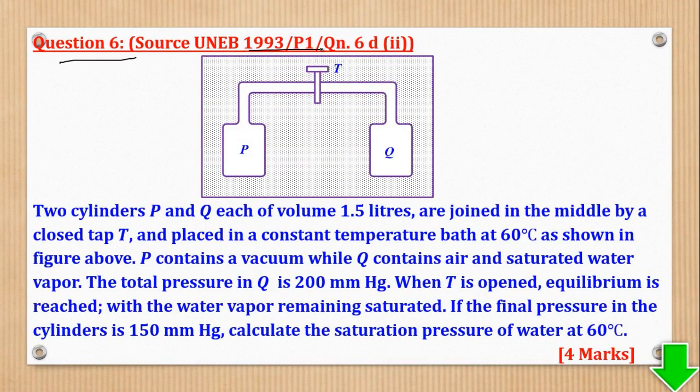Question 6 came from UNEB of 1993, paper 1, question 6D, Roman 2. It says 2 cylinders, P and Q, each of volume 1.5 liters, are joined in the middle by a closed tap T and placed in a constant temperature bath at 60 degrees Celsius as shown in the figure above. P contains vacuum, while Q contains air and saturated water vapor.